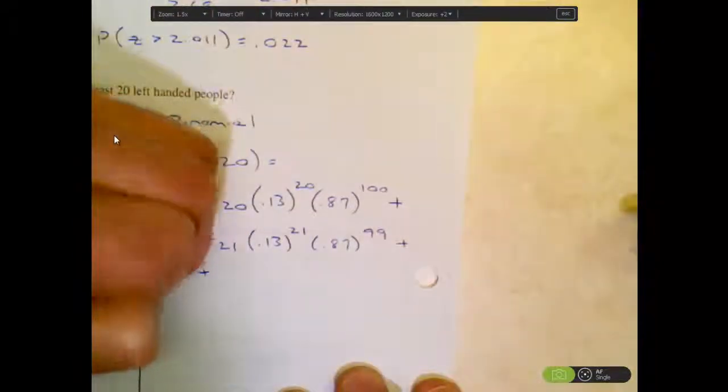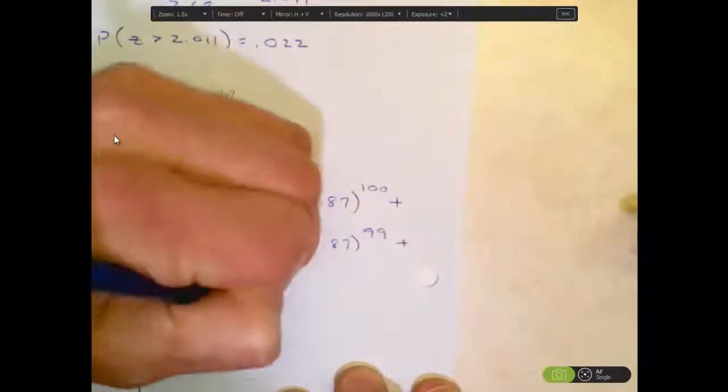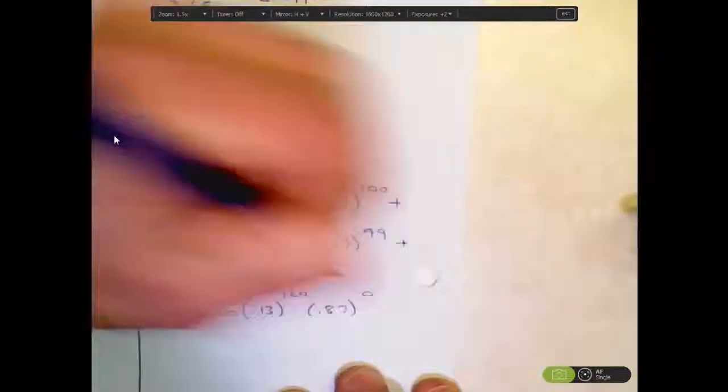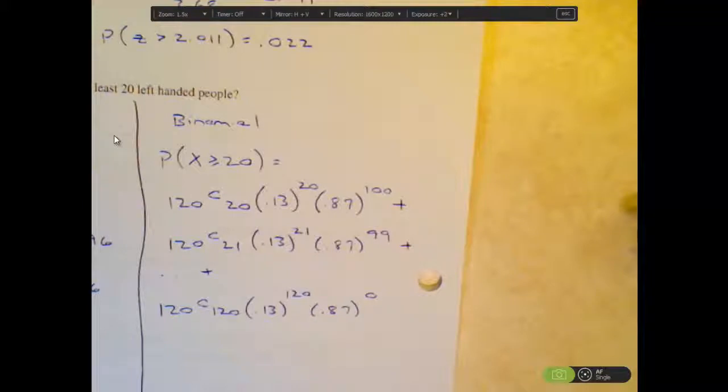I'm going to go all the way up to 120 choose 120, P to the K times 1 minus P to the N minus K, 0. You would absolutely positively not have time to type this in using PDF plus PDF plus PDF on the AP.